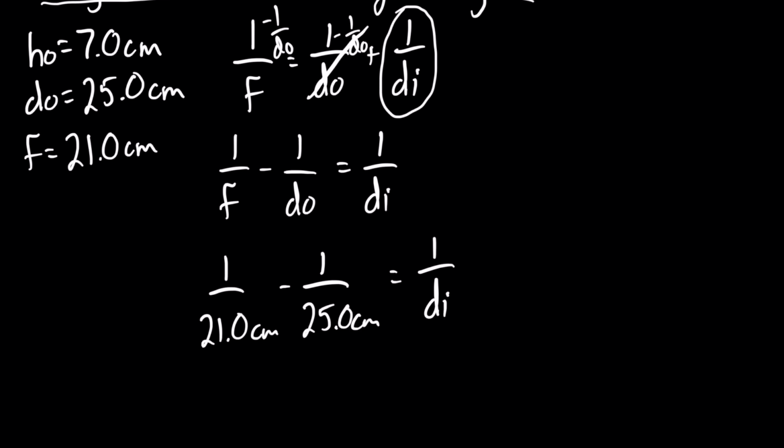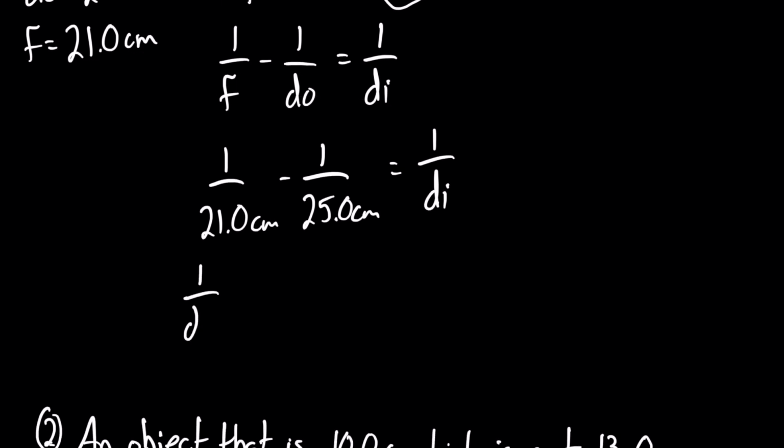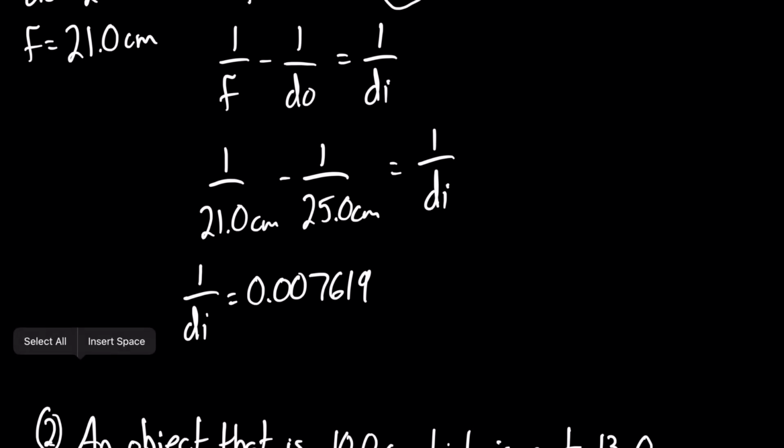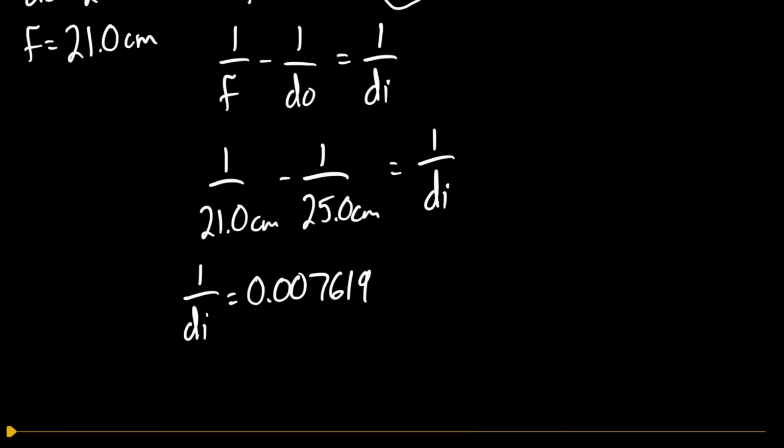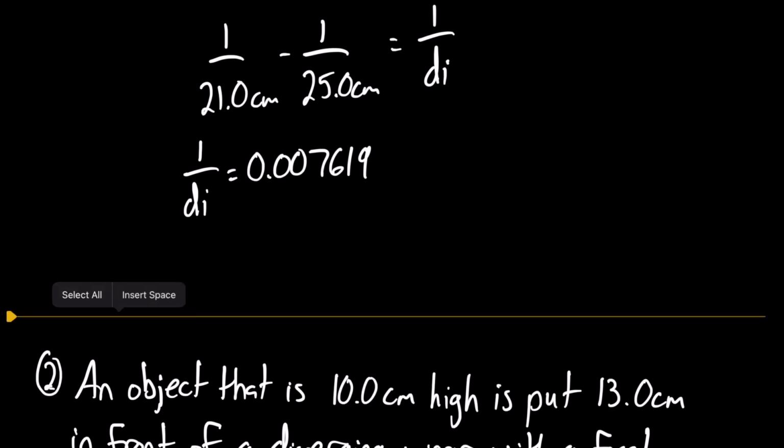If you type that into your calculator, you will get a value for 1 over DI of 0.007619.